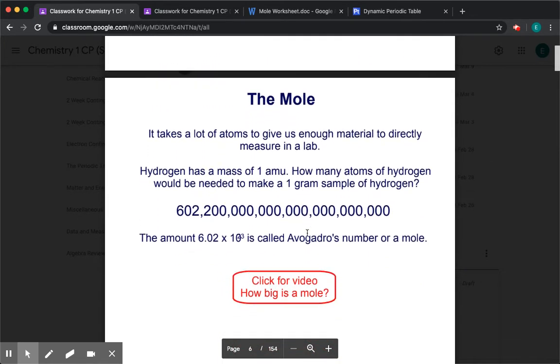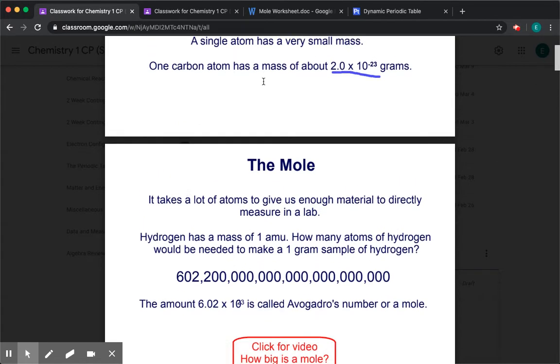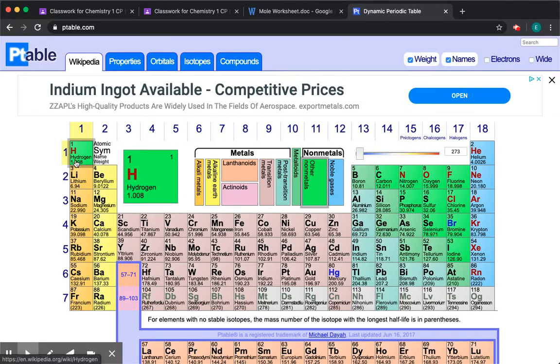Okay, so let's say we're working with hydrogen. Hydrogen has an atomic mass of 1 AMU. And let's say I thought to myself, how many hydrogen atoms would it take for me to get 1 gram?